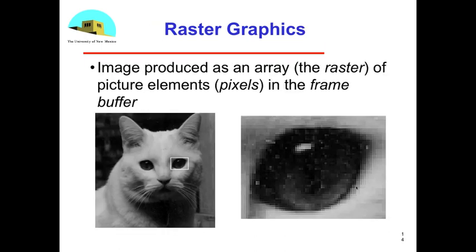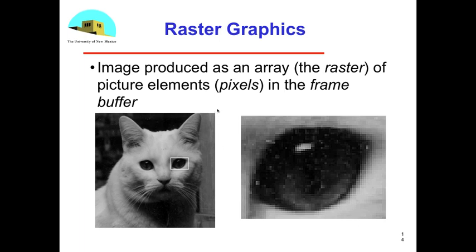So let's look a little bit at that. With raster graphics, basically the image is an array of picture elements, and now at least 1280 by 1024 would be a fairly standard display.